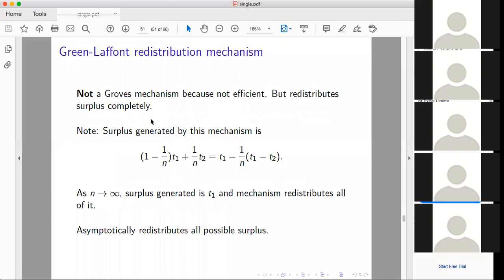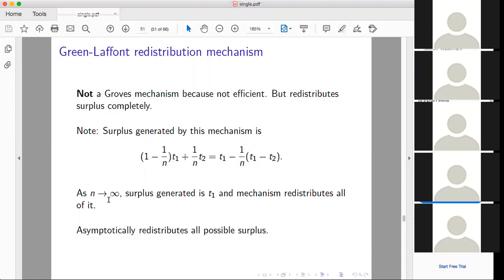Okay. So it's not a Groves mechanism because it's not efficient, but it redistributes surplus completely. Remember, the surplus generated by this mechanism is: agent 1 gets the object with this probability, and agent 2 gets the object with this probability. So this is the total surplus achieved by the mechanism, t1 minus 1 over n times (t1 minus t2).